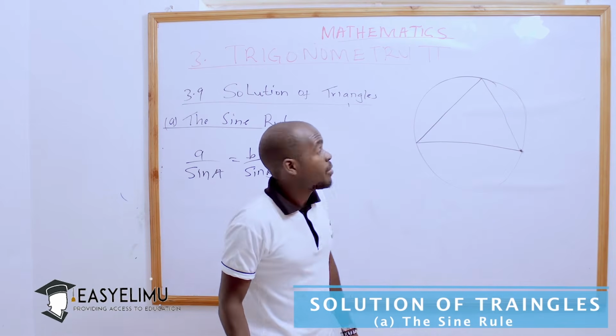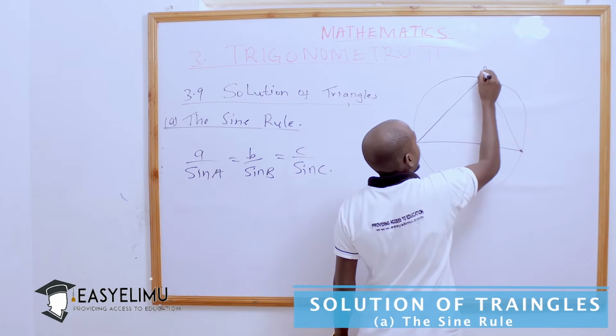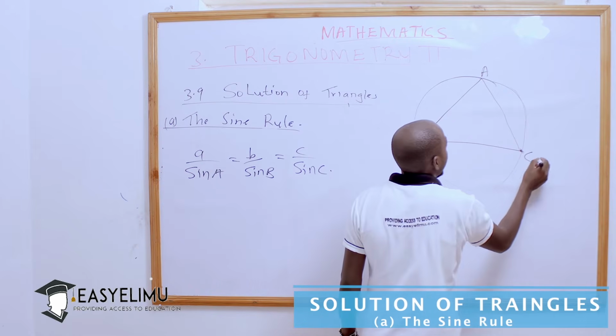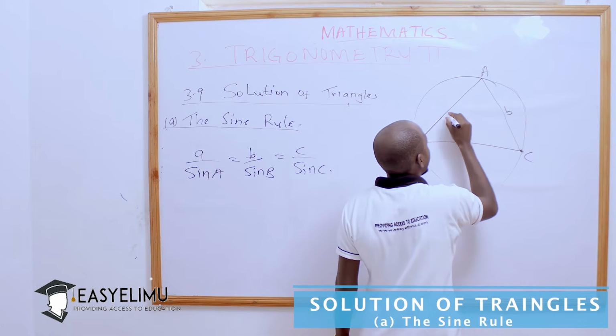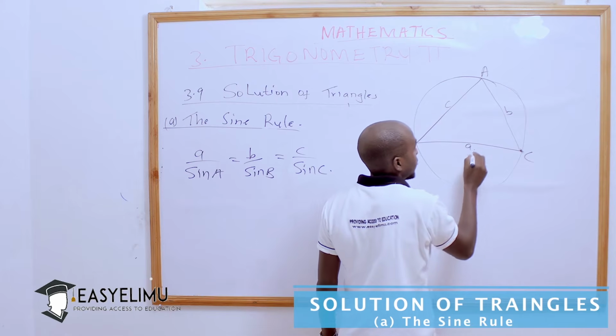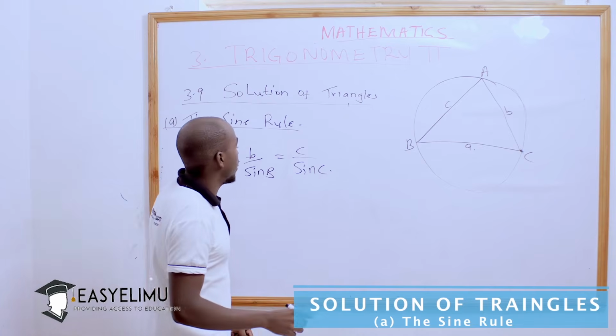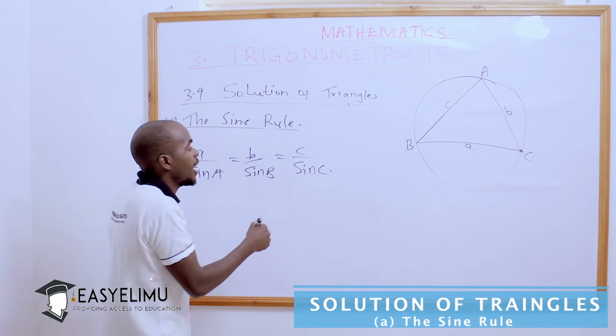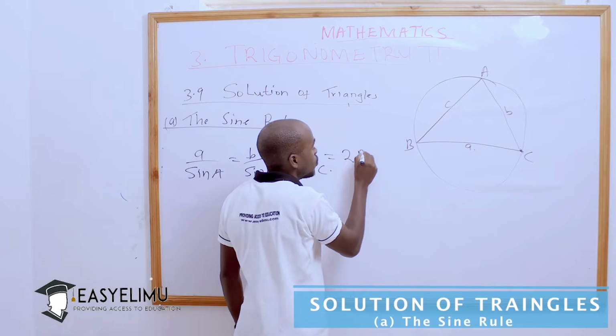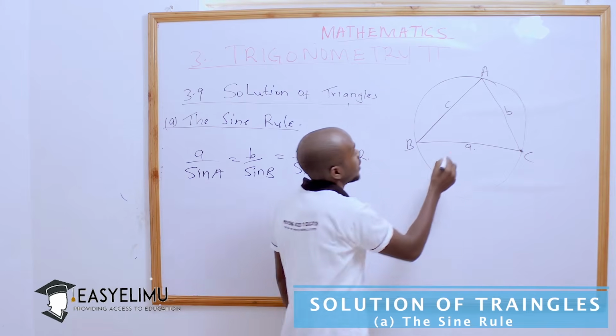If you circumscribe that circle, you will find out that any of them is equal to 2R, 2 of the radius.